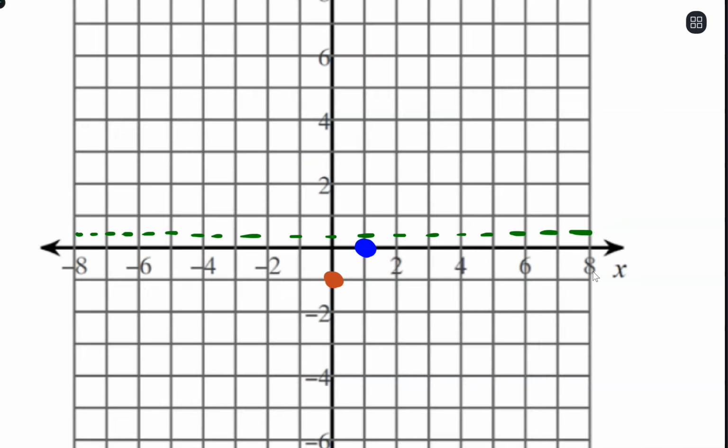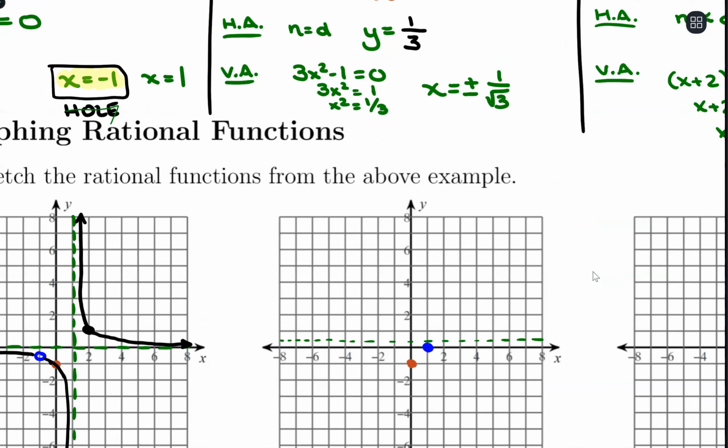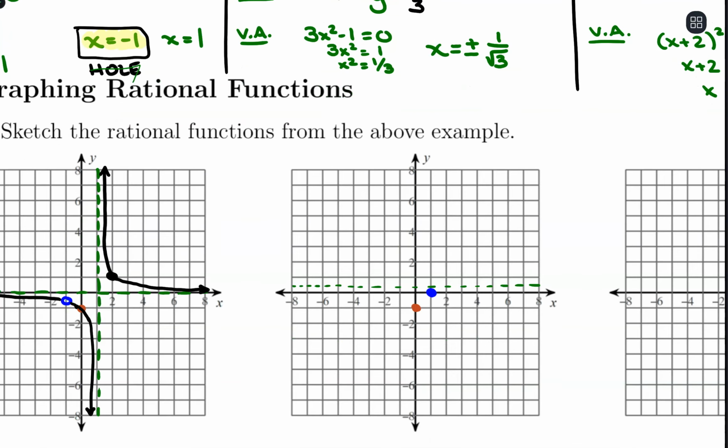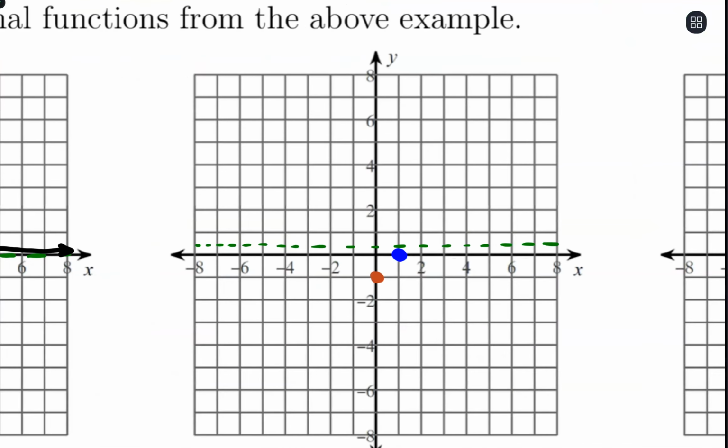And then the vertical asymptotes are at ±1/√3. Let me get a decimal for that value, which is about 0.57. So I'm going to aim to be close to positive and negative 1/2. At -0.57, we have a vertical asymptote.